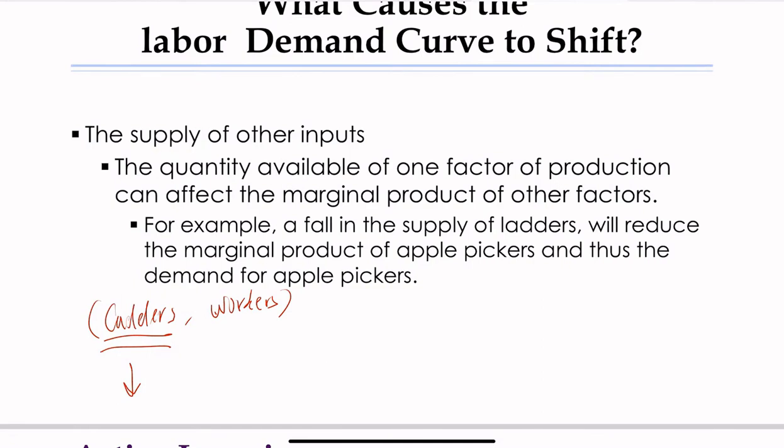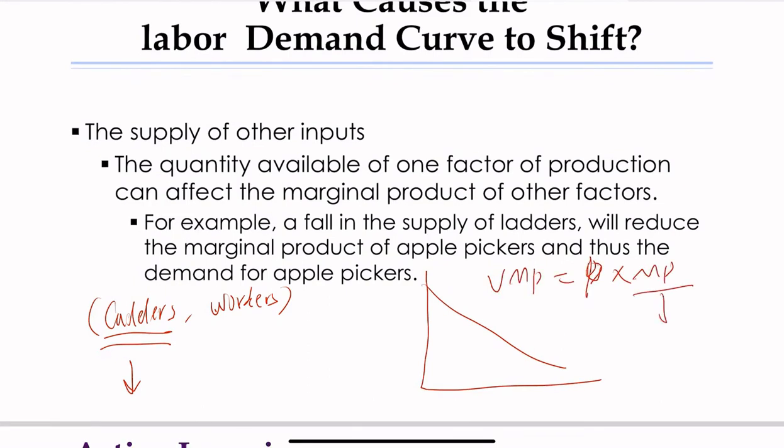So this basically implies the marginal product of apple pickers will decrease, right? So again, if marginal product decreases, then the firm's demand curve will shift to the left. So in this case, the demand for apple pickers decreases.